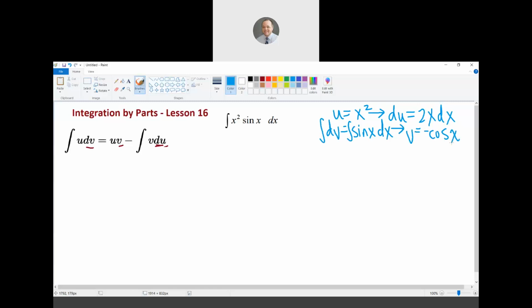All right, let's plug everything into our parts formula. U times v, or x squared, times our negative cosine x. And I'll go ahead and move the negative sign in front.